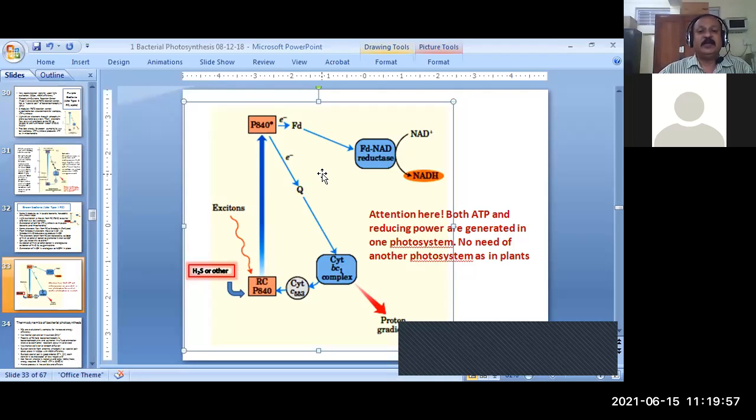Who decides whether the electron should go to quinone or to ferredoxin? Any answer for that? Who will decide, and when, whether the electron should go to quinone or to ferredoxin? Or in other words, whether ATP should be generated or reducing power should be generated? Who decides that, and when?